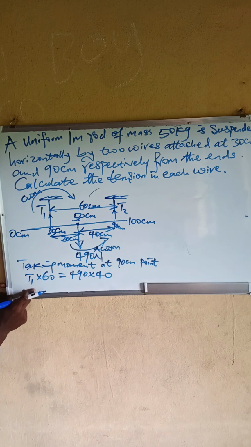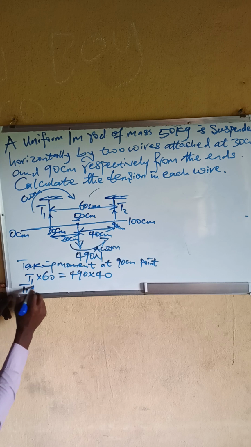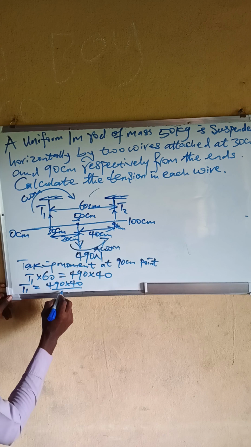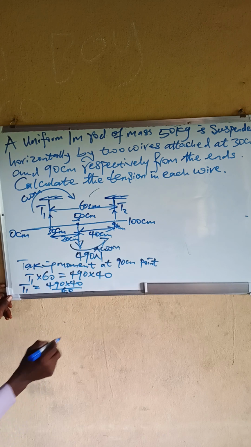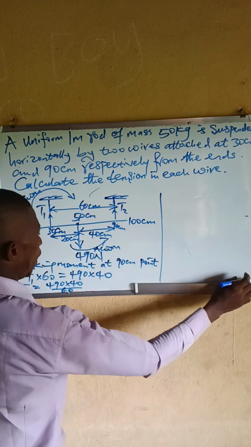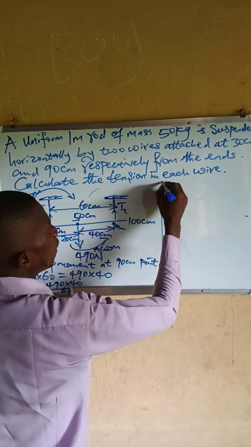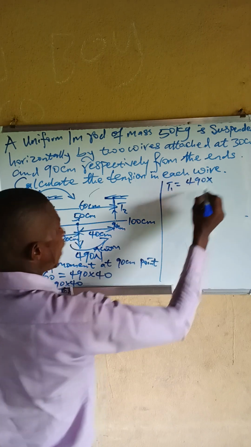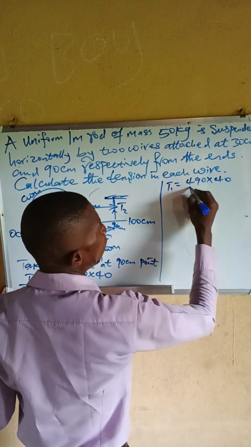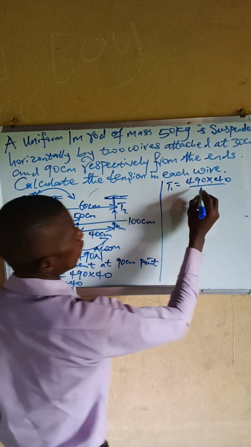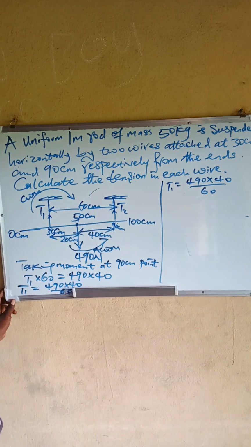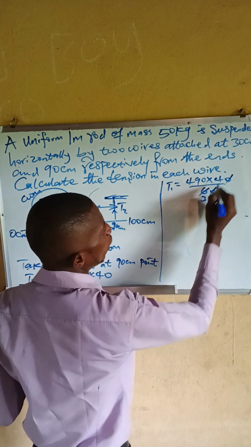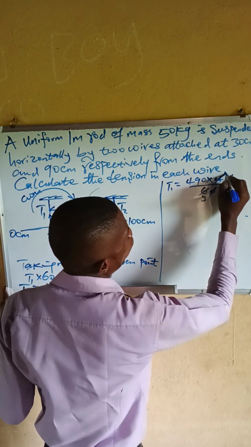Now I'm looking for T1. T1 is going to be 490 times 40 over 60. We cancel this: 2 here is 3, 2 here is 2.